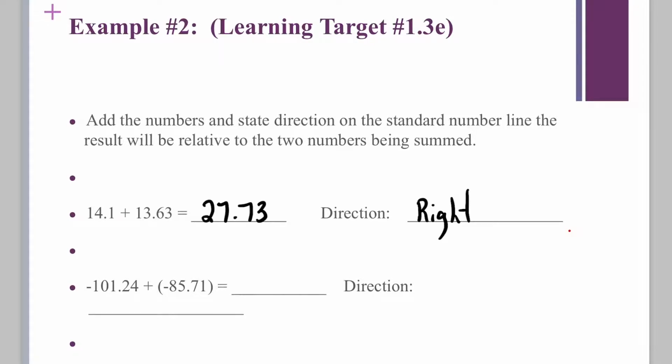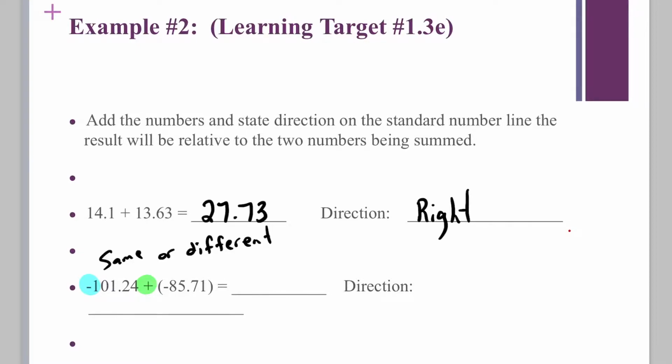Okay, so the next question. Negative 101.24 plus a negative 85.71. The first thing we have to determine is whether we are adding numbers with the same or different signs. We have to be careful, because an initial thought may be that the signs are different since I have a negative and also a positive.